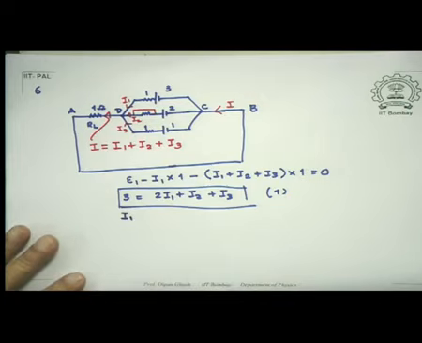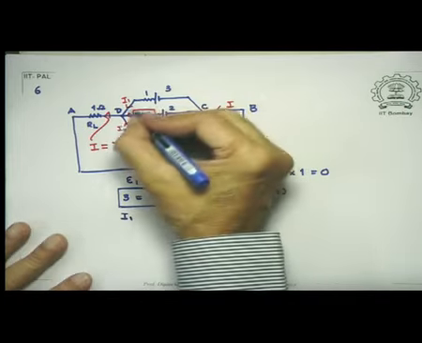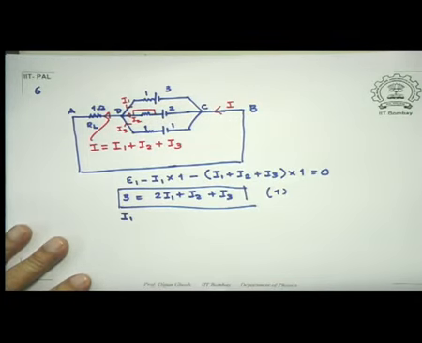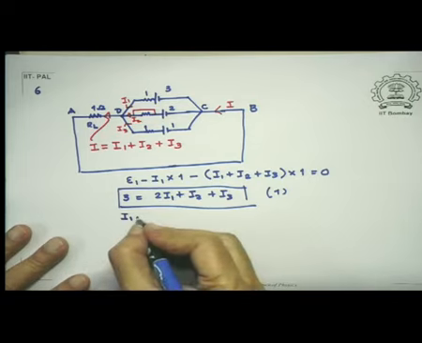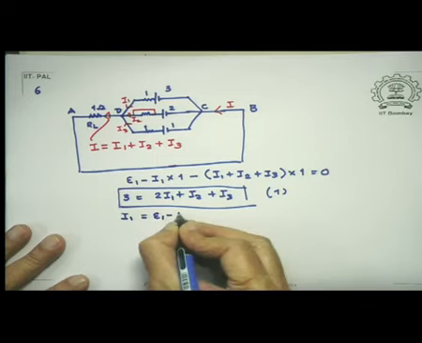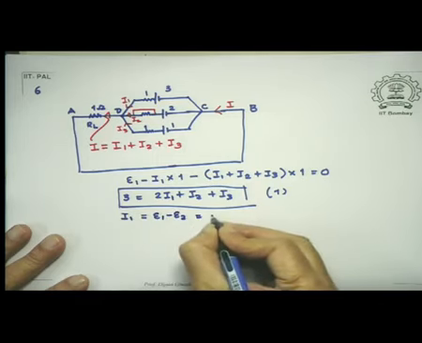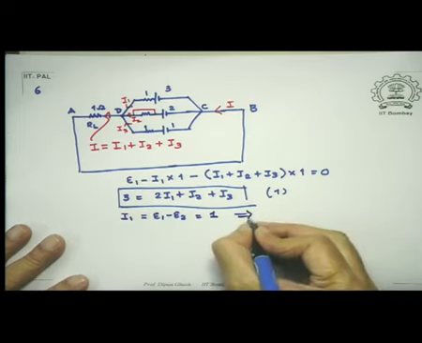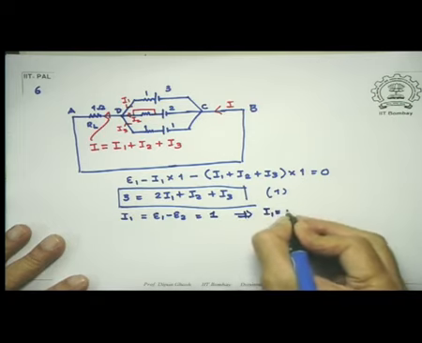See, there is an I2 there, but it is not coming into the picture in this loop because the resistance is not there. So I get I1 equal to E1 minus E2, which is 3 minus 2, which is equal to 1. So that immediately gives me the solution: I1 is equal to 1 ampere.